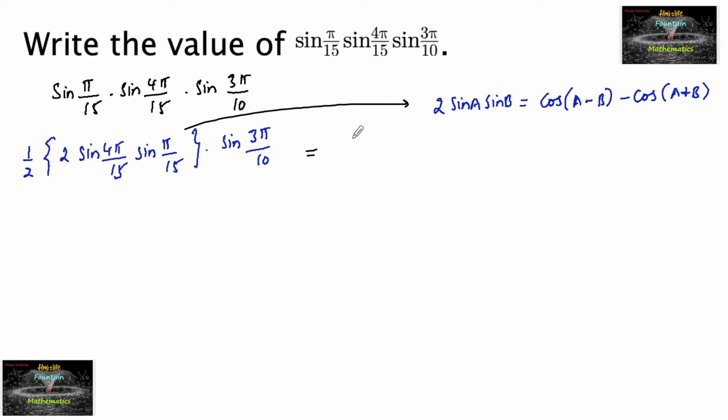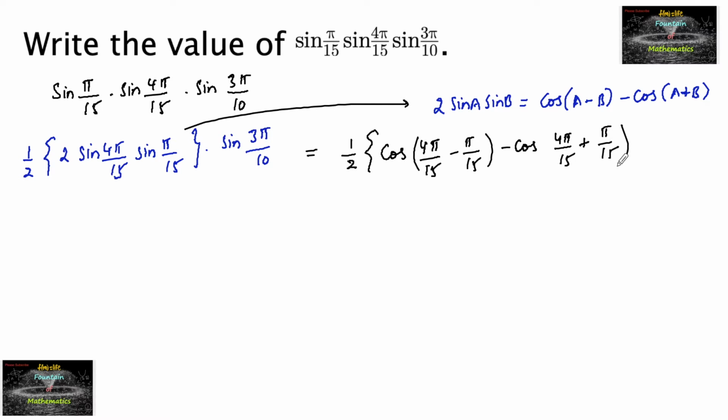So we can write here 1 by 2 times cos A minus B, that is 4 pi by 15 minus pi by 15, minus cos of A plus B, that is 4 pi by 15 plus pi by 15, into sin 3 pi by 10.